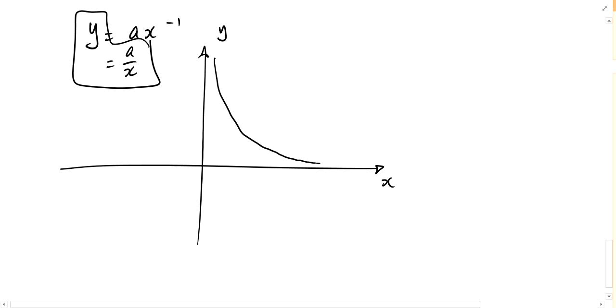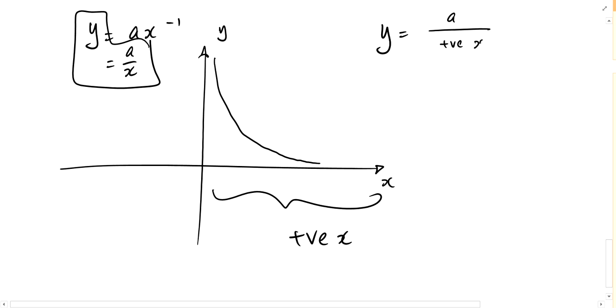Okay, so the shape is very similar to what we had earlier on. This part will always go closer and closer to the x-axis. This part will go closer and closer to the y-axis. Because this region is positive x, for our graph y equals a over positive x, a is positive because that's the assumption given in your textbook.